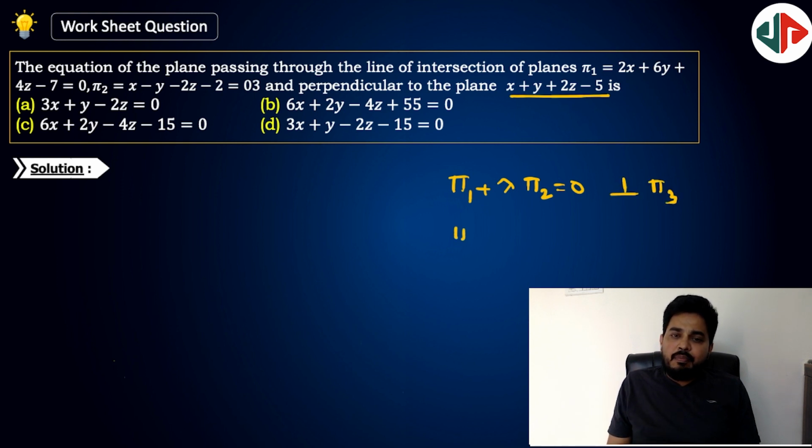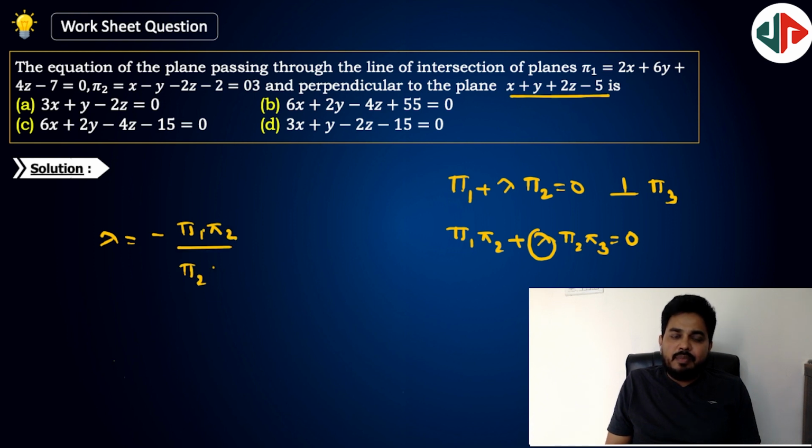So you need to find lambda using the dot product of the normals.